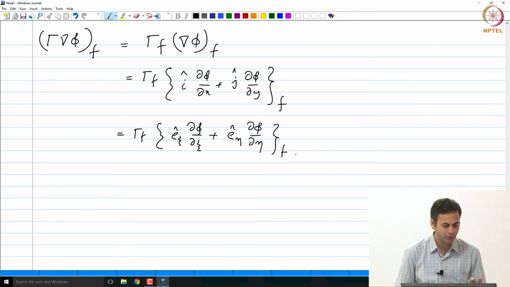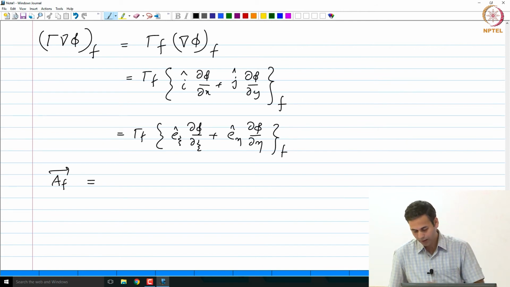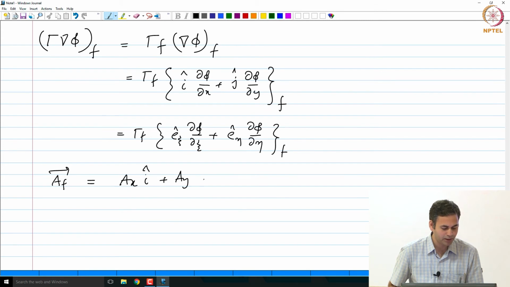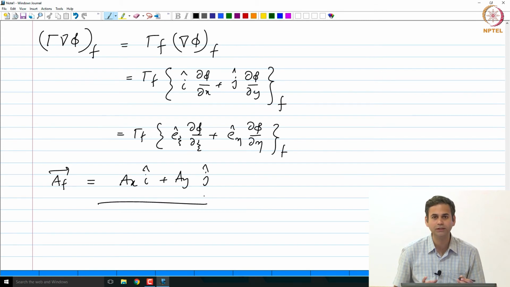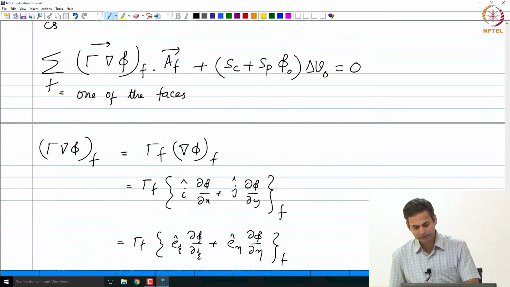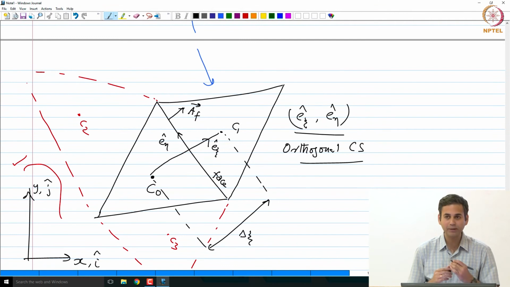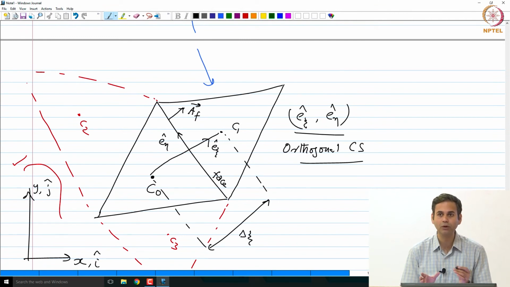This is fine. Then what about my A f bar? A f bar of course has two components. It has some A x i hat plus A y j hat, in the i direction and j direction. But can I also write this A vector in the local coordinate system? Let us say my magnitude is A f without the over bar. What is the direction which A f is pointing?